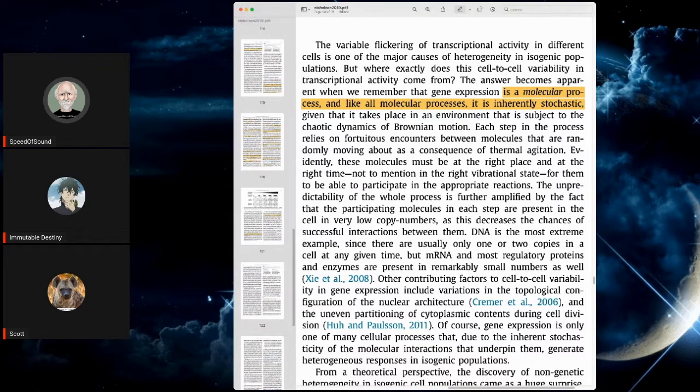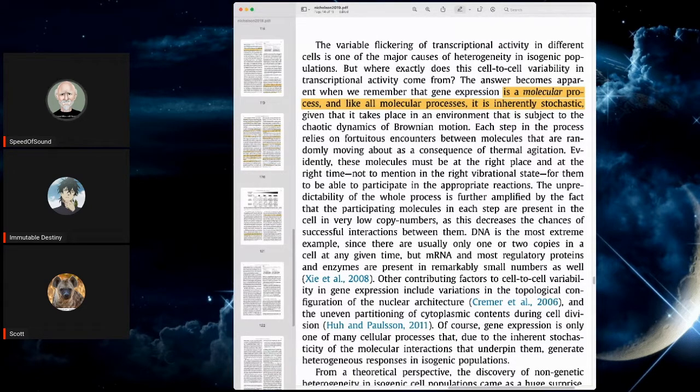Other contributing factors to cell variability in gene expression include variations in the topological configuration of the nuclear architecture. And that is that histone binding to the lamin inner surface of the nucleus, Yep. chromosome regions, and the uneven partitioning of the cytoplasmic contents during cell division.